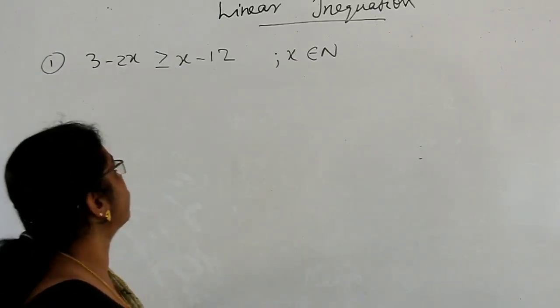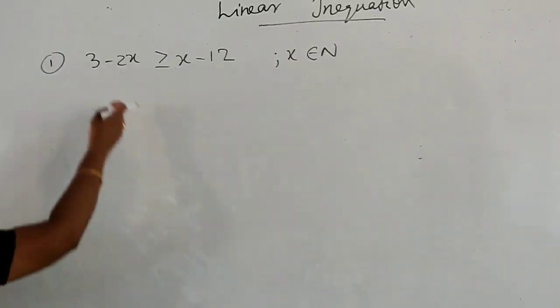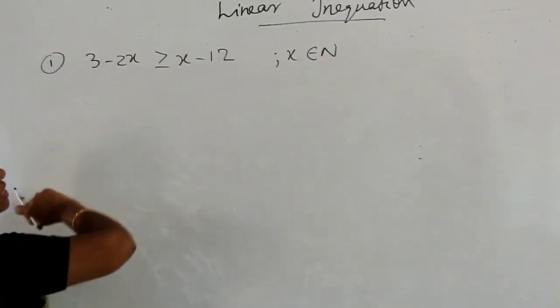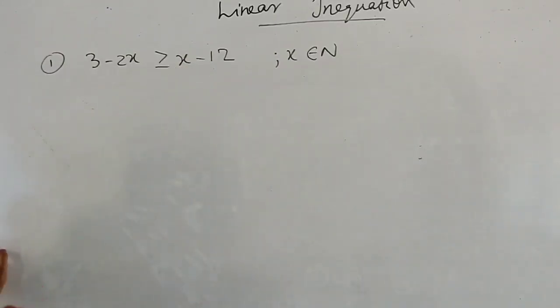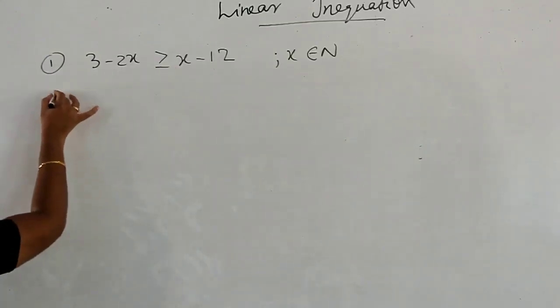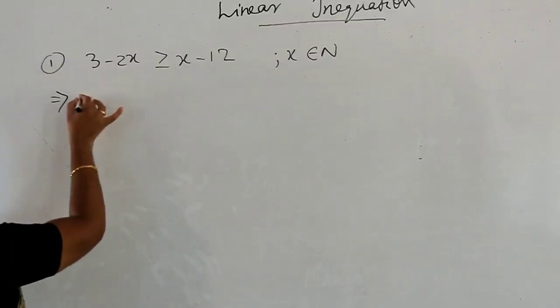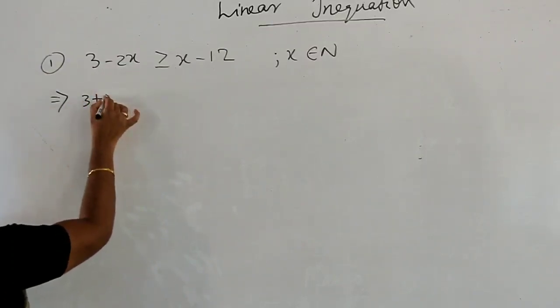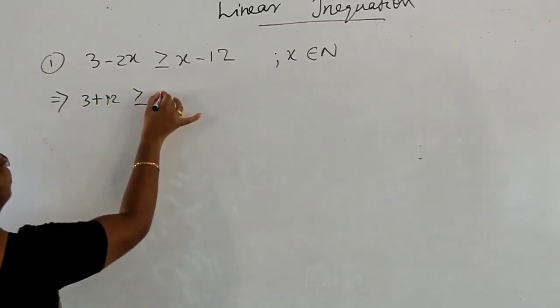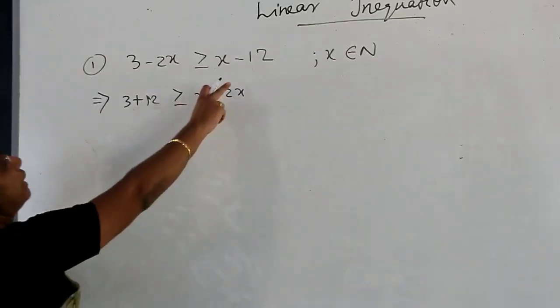How can we solve this one? Here minus 2x is here and here x is here. We can keep all the variables on one side and all the numbers on the other side. So we can write 3 plus 12 greater than or equal to x plus 2x.